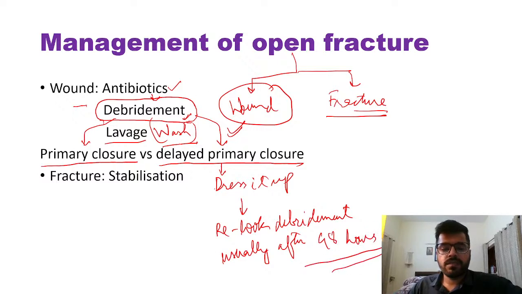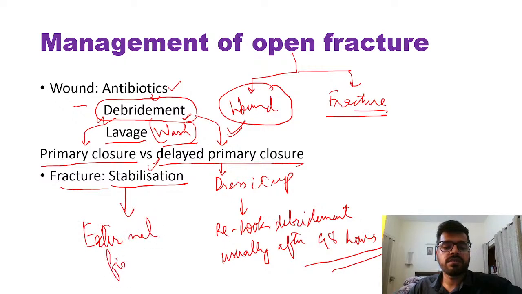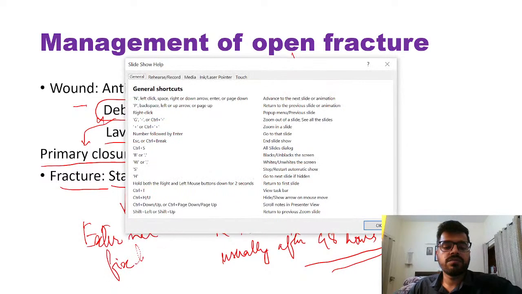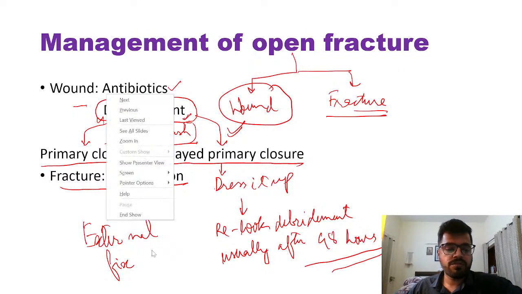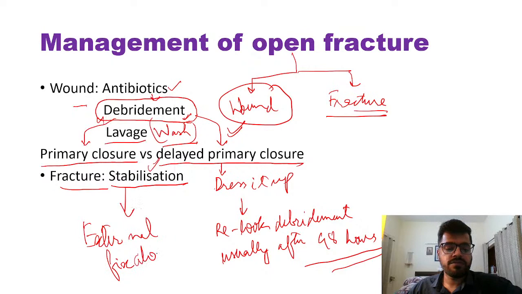So we can go for delayed primary closure if we are not satisfied with the wound condition. And at the same time, in the primary surgery, when we do the debridement, we also do fracture stabilization, which is done in the form of external fixator.